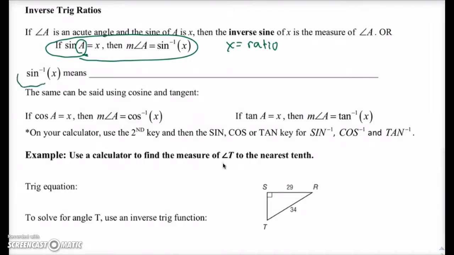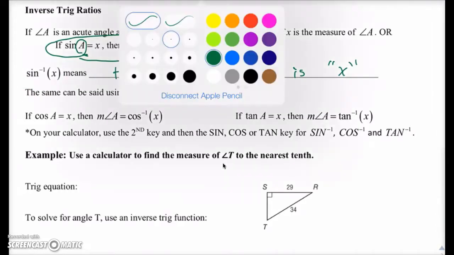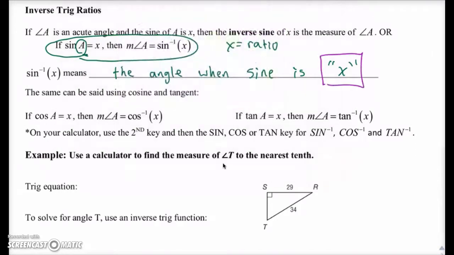So we read this here as inverse sine, which means the angle when sine is x, whatever that ratio is. AKA just saying whenever you have a ratio, we can always find the angle. It's like it's going backwards.